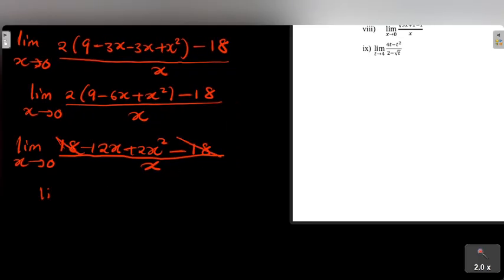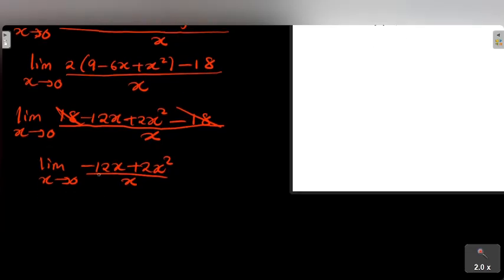Now we have the limit as x approaches 0 of negative 12x plus 2x squared over x. Here we need to get rid of the x that we have at the bottom. So we factor out an x on top.